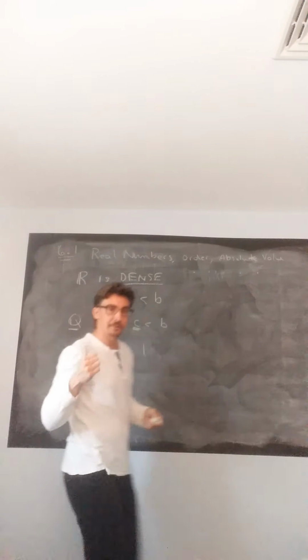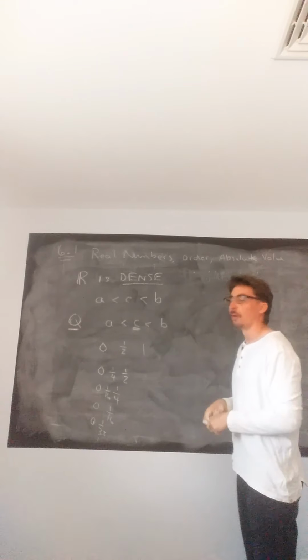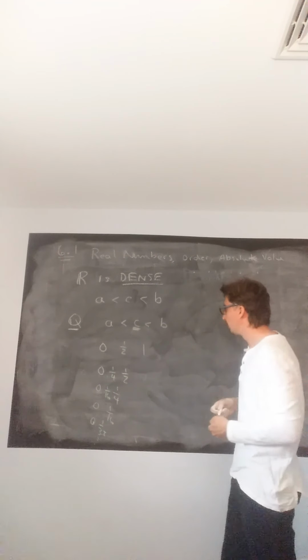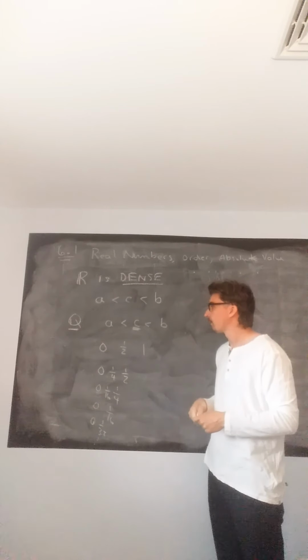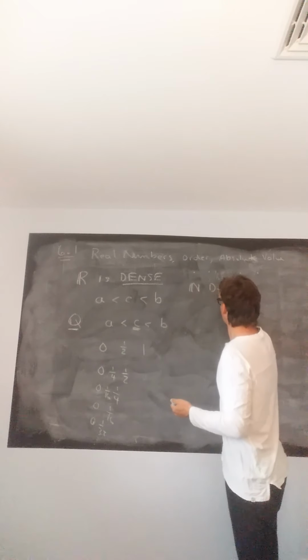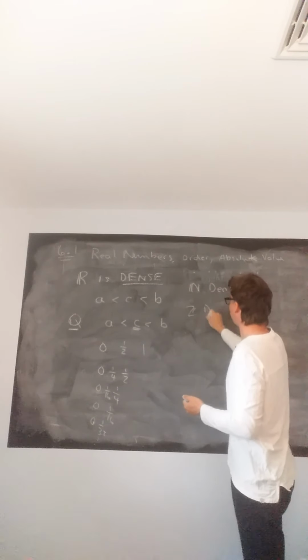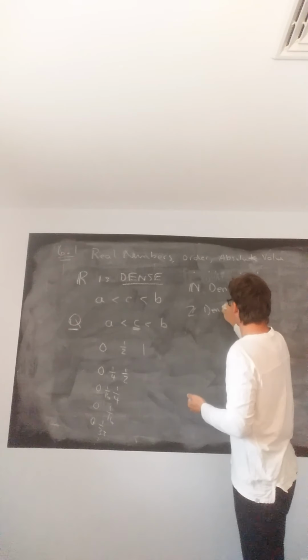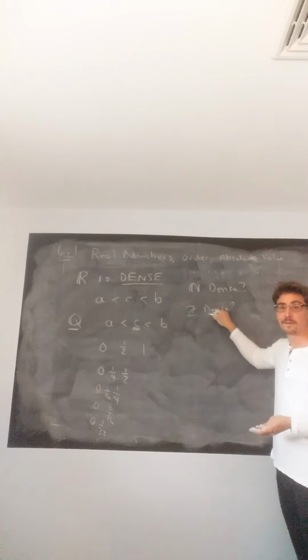So the real numbers are dense. The rational numbers are dense. But a good thought question that you might have is, are all these sets we talked about dense? For example, are the natural numbers dense? How about the integers? Some of the results may surprise you, but this is a good question to think about.